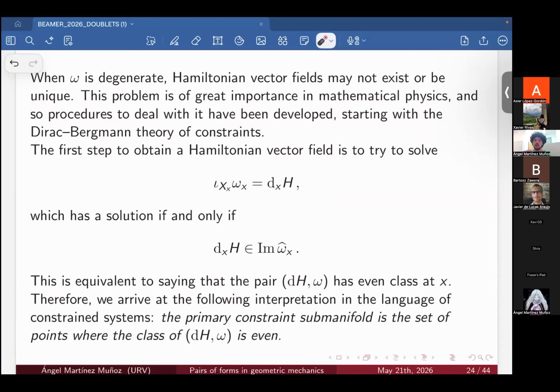So that would be calculating the first constraint submanifold. Then that's the same as asking that the class of this pair is even. As you want a Liouville vector field, you can only have a Liouville vector field if the class is even. So you can give this different interpretation to the constraint algorithm, at least to the first step, saying, okay, the first constraint submanifold is the set of points where this pair of forms has even class, right?